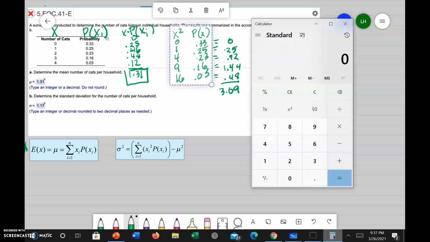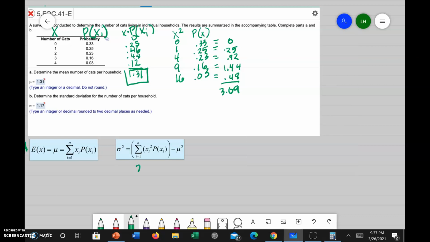And I got, let me check this just to be sure, 3.09. Now that is the sum of x squared times p(x).